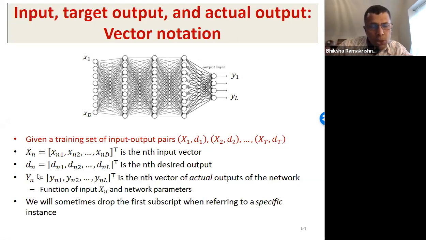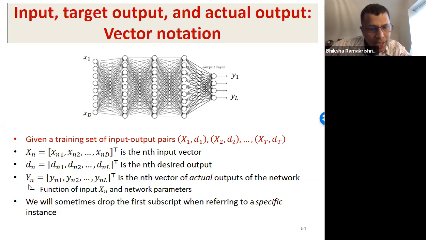Now, there are two different things going on at the network. One is what you want the network to actually output, and the other is what the network does output. I'm trying to learn a function. My training data says that in response to this X, I want the output to be D, but for any particular setting of the parameters, I'm going to get a different output, which is Y. I'm trying to minimize the gap between these two.